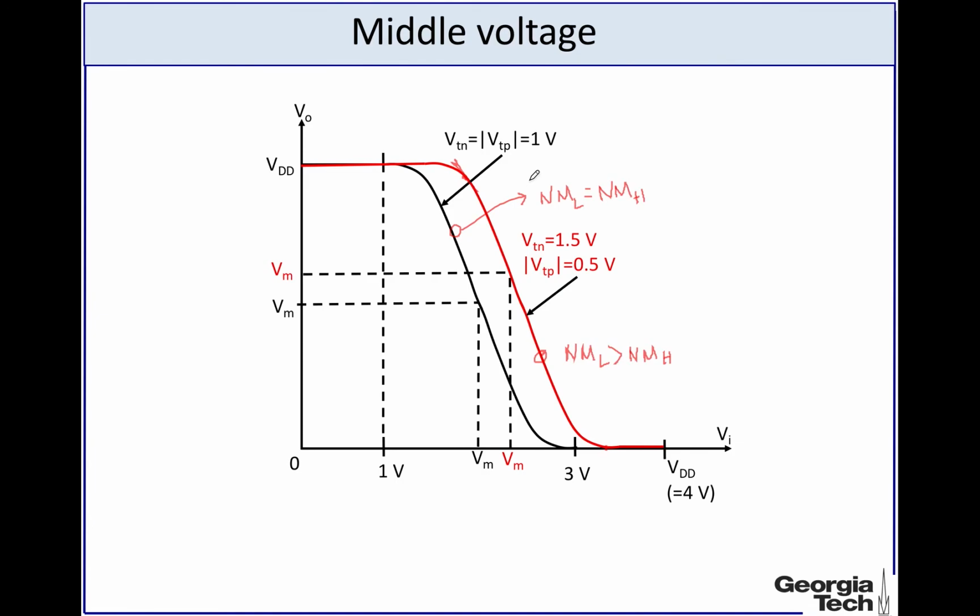And in an inverter you would expect zeros and ones to come with the same probability. So you would actually want the inverter to have the same amount of immunity with respect to noise in input logic level 0 and input logic level 1. As a result, you would want the noise margin low to be equal to the noise margin high.